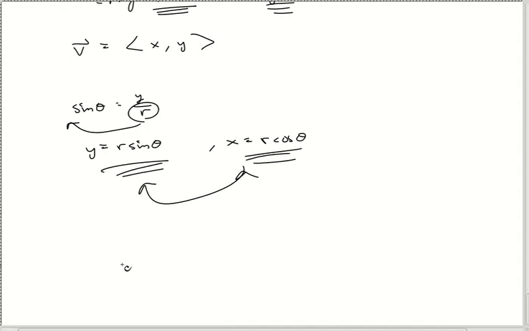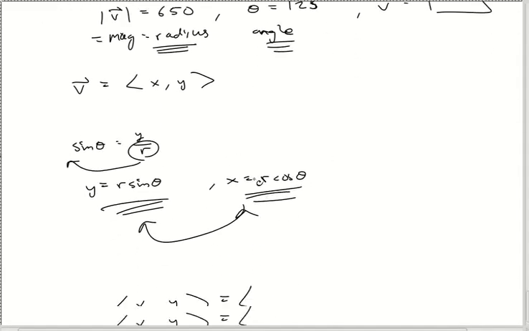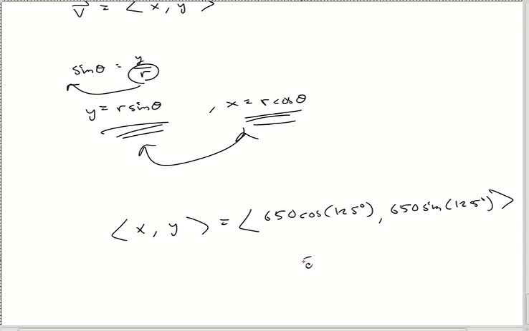And so I want to find my x and y vector. I'm going to say my r cosine theta, so 650 cosine of 125, and then my sine is 650 sine of 125. Make sure you're in degree mode.